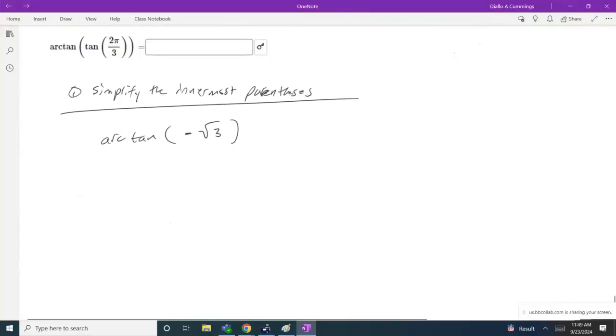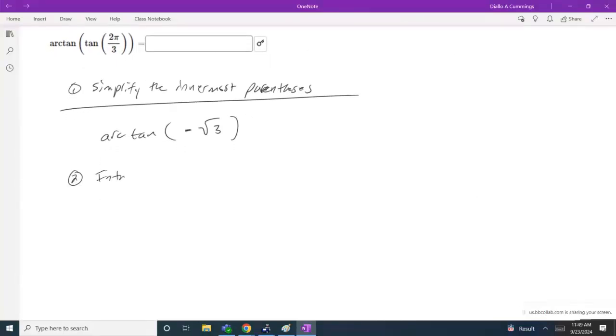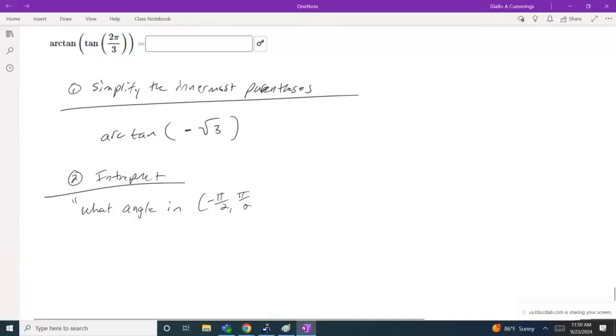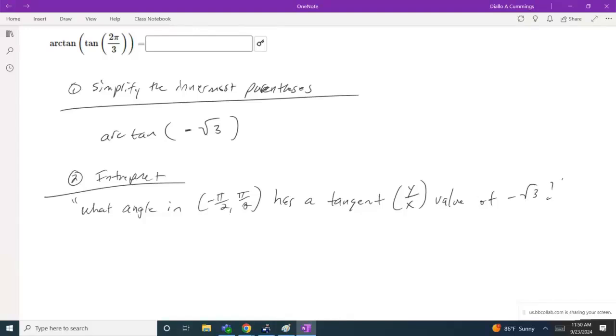So we've simplified the innermost parentheses. And now the last thing we're going to do is interpret. So this is what angle in the interval negative pi over 2 to pi over 2 has a tangent value, and the tangent is y over x, of negative square root of 3.